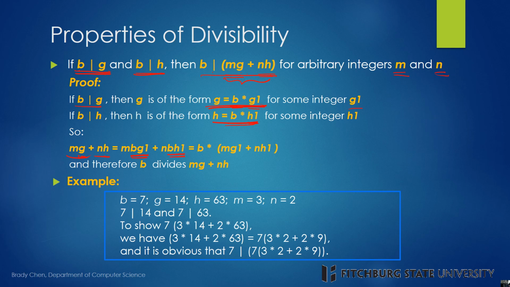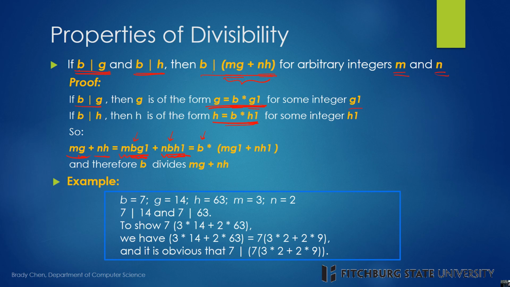So now what? We find out that in these two terms, they have a common factor b, right? So we can take b out using some basic number theory. What is this called? The distributive law, right?